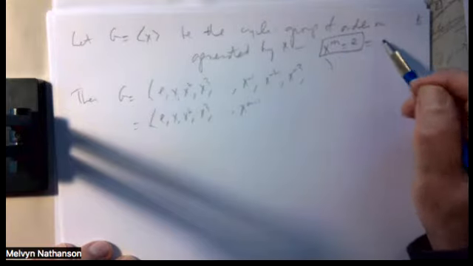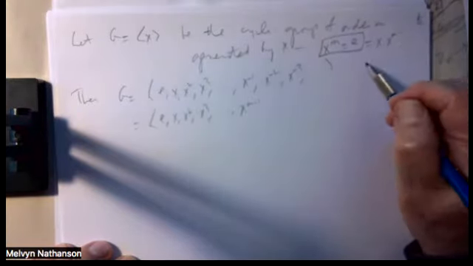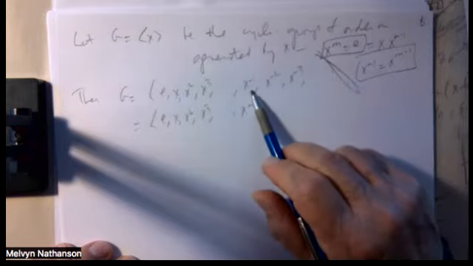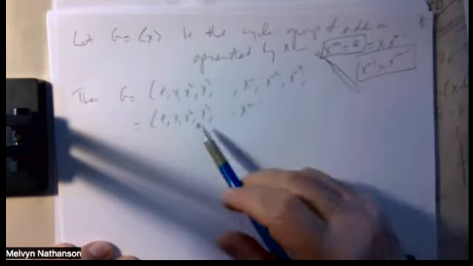And if X to the M equals the identity, that's equal to X times X to the M minus 1, it means that the inverse of X is X to the power M minus 1. So each of these negative powers is a positive power, and the positive powers stop at M minus 1.